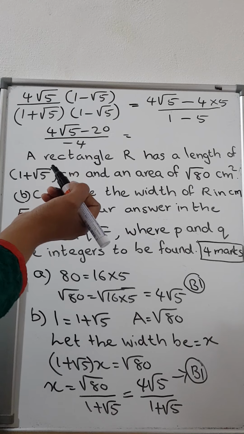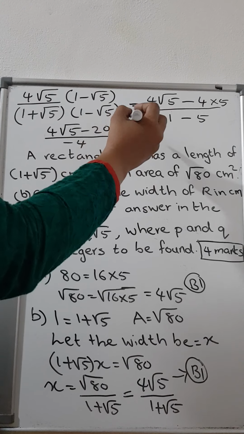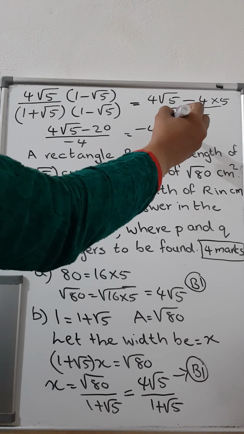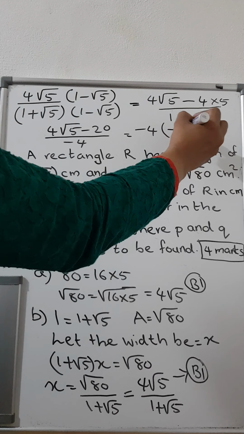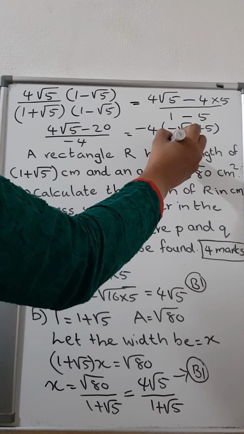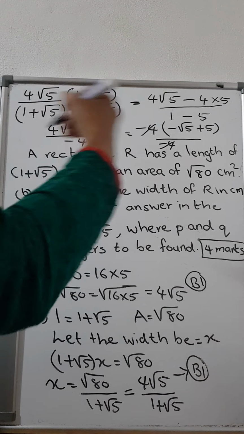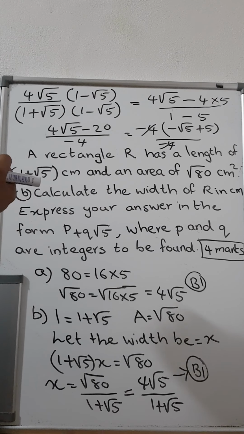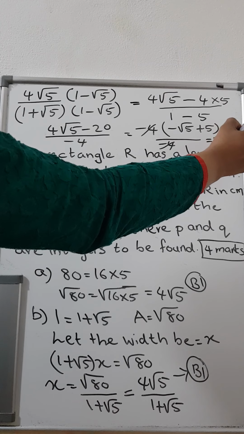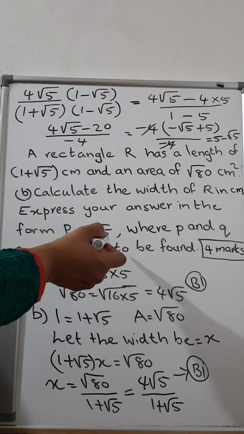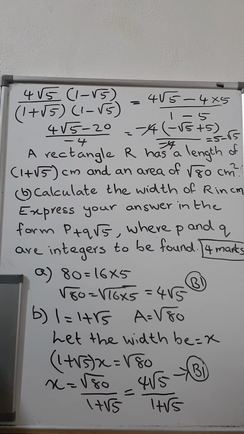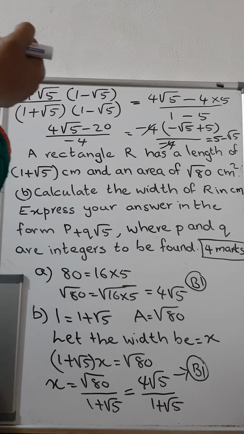See, we can take 4 out, or we can even take minus 4 out. If you are taking minus 4 out, we will be getting minus root 5 plus 5 divided by minus 4. Minus 4 and minus 4 get cancelled. The final answer is minus root 5 plus 5, which is equal to 5 minus root 5. You see, we got the answer in the form P plus Q root 5. You see, P is 5, Q is minus 1.